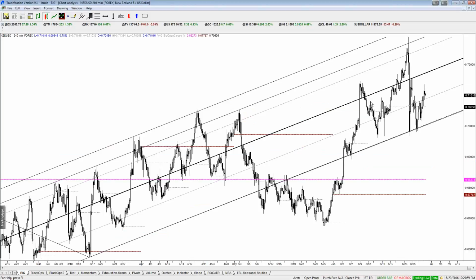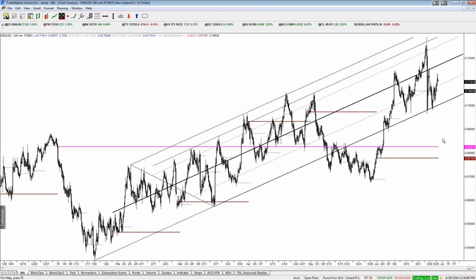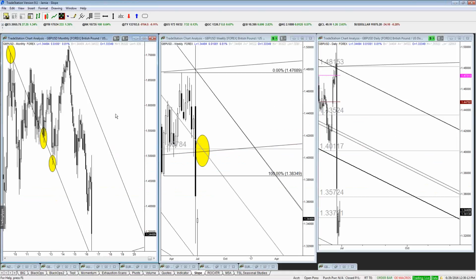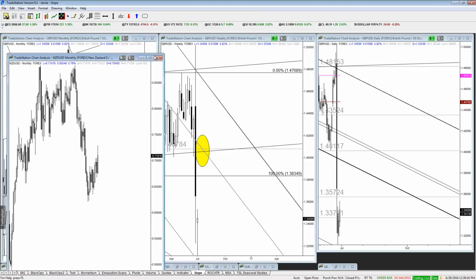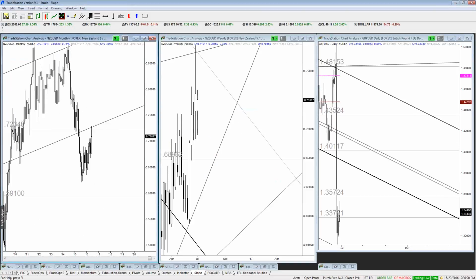So look, I feel like the opportunity on Kiwi is on the downside. And that's because of this chart right here.